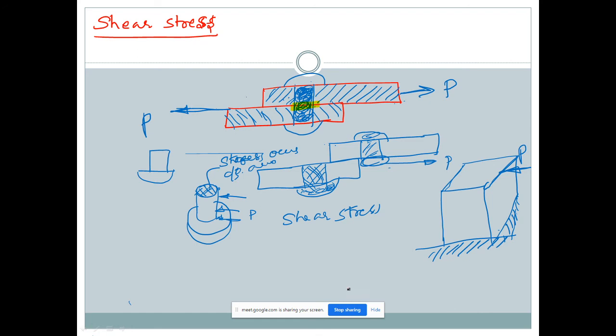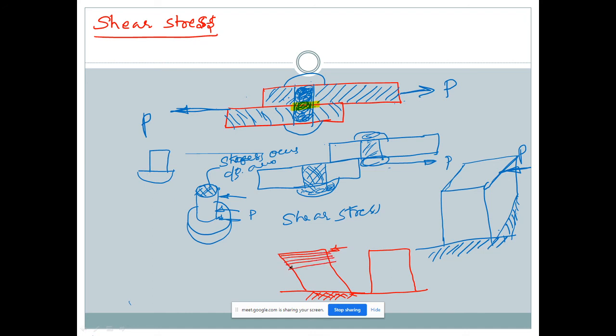Now let us look out here. This is the block before application. After application, the block is going to be tilted, or the block is going to oscillate with respect to the base. Now what happens if we consider layer by layer of this element?